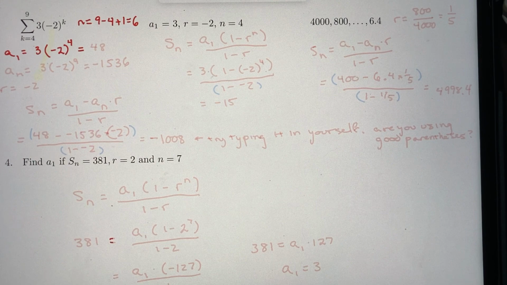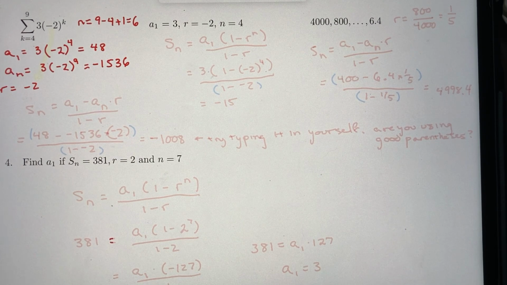Calculator says this is positive 48. And this one is negative 1,536. I told you, these numbers get very large very fast. r is negative 2, because it's the base of the exponent.